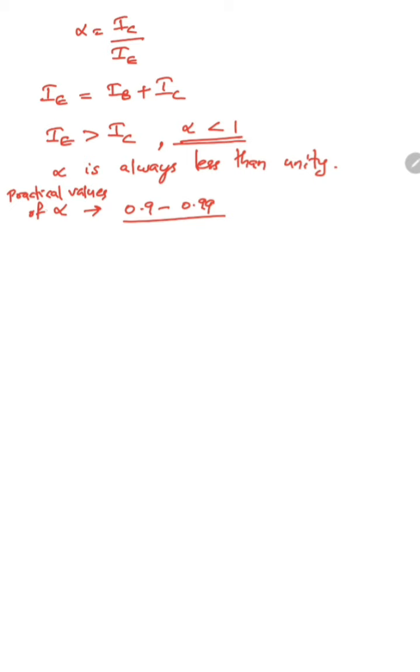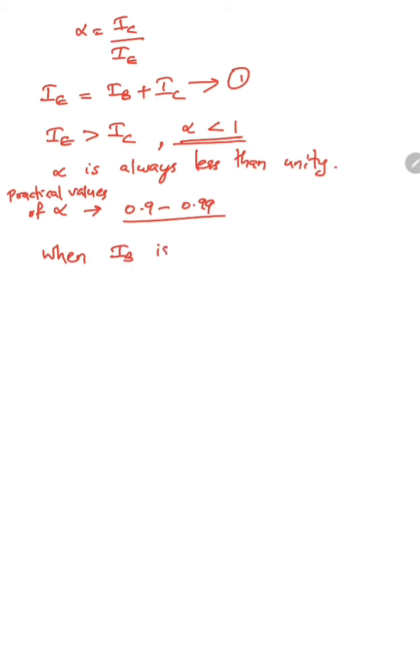Now, you can see from this equation that you can increase the value of alpha by decreasing the value of IB. If IB is decreasing, what will happen?